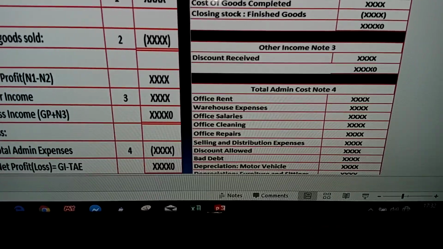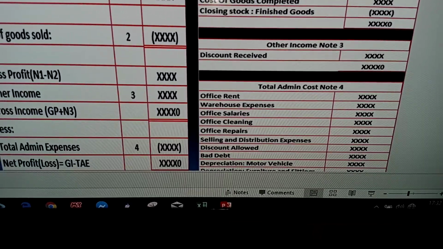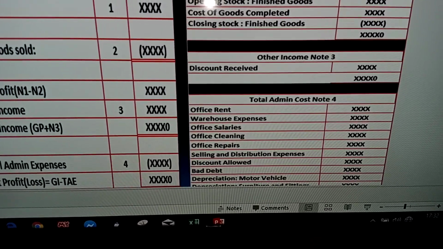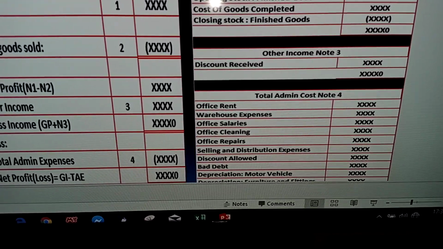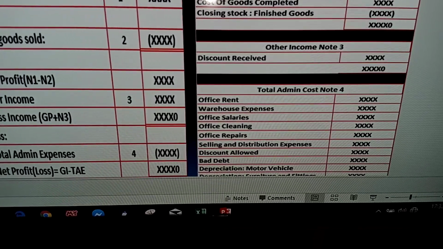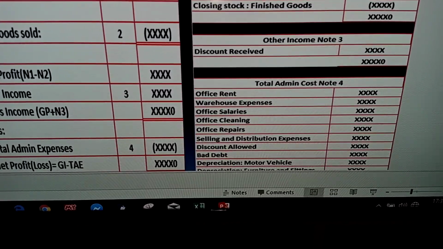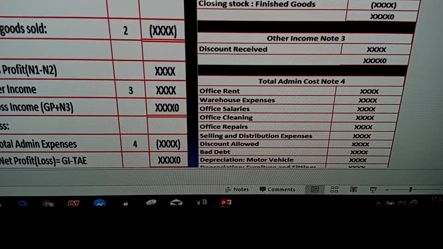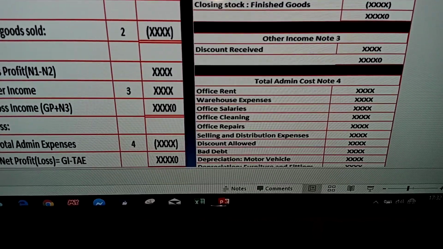You have office rent, warehouse expense, office salaries. You can see that no expense here is related to the factory. In your question, even if it is jumbled up, you should be able to differentiate factory expense from office expense. Your factory expenses go to your manufacturing account, your office expenses come to your trading profit and loss account.